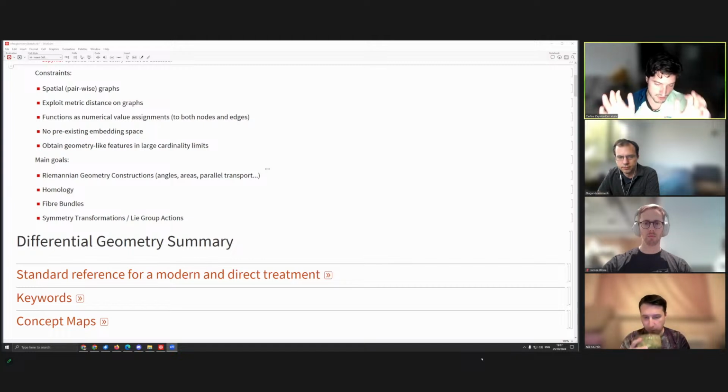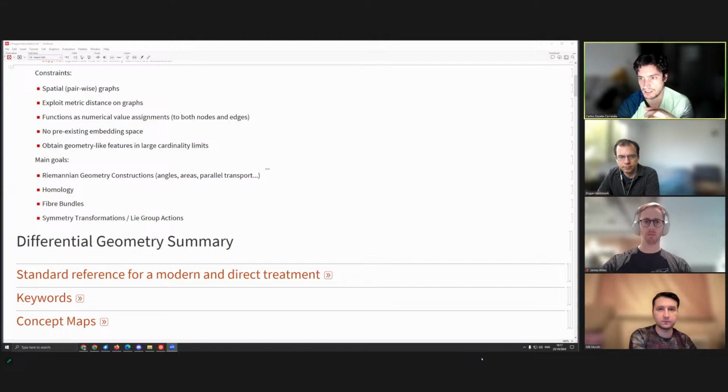Of course, noting that there's no pre-existing embedding space, so we are not implying that any of this information is intrinsically spatial. Everything that is spatial must be emerging from this. And the idea is that eventually we'd like to take large cardinality limits. By large cardinality, I mean broadly that we might want to make things big and run for long, and they need to make sense.